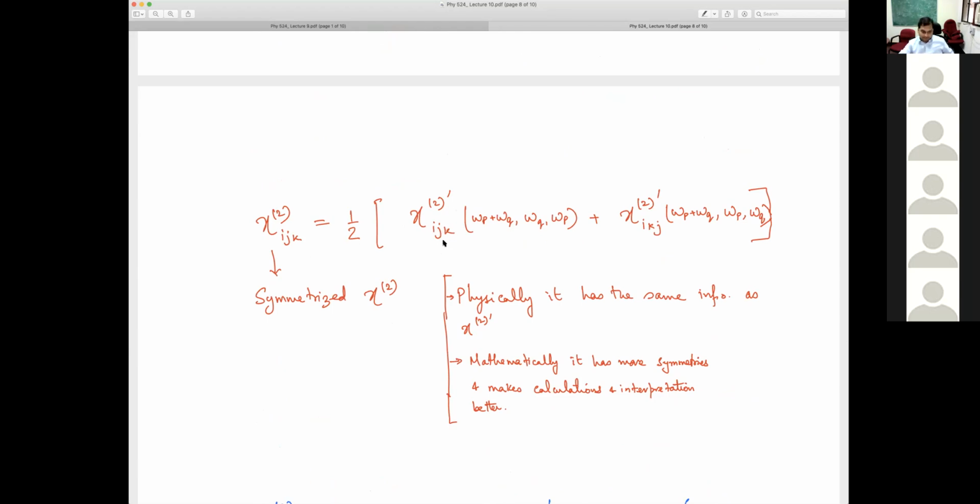Okay, so I manually changed kj and I manually changed omega p and omega q, because individually in each term I did not have this symmetry. But if I define it like this, now of course if I interchange j and k, this term just goes to this term, and the interchange of jk, this term just goes to this term, etc.